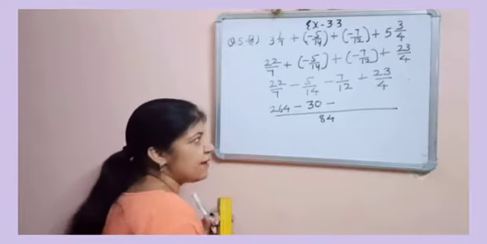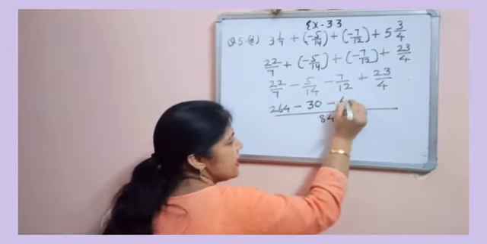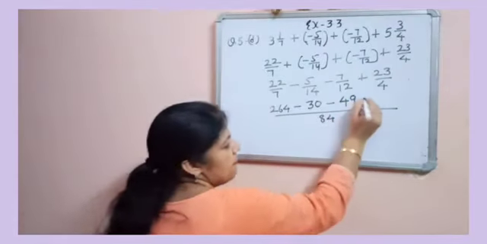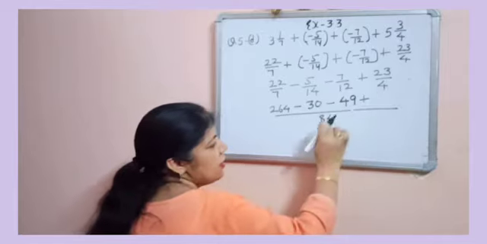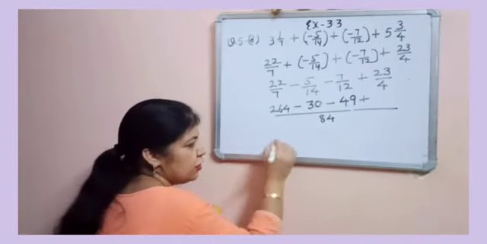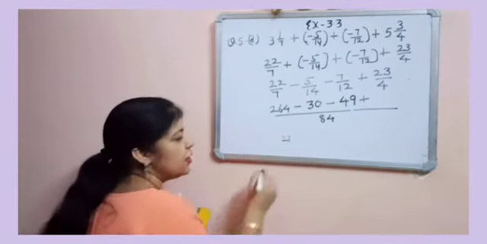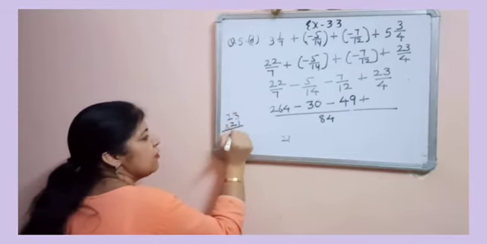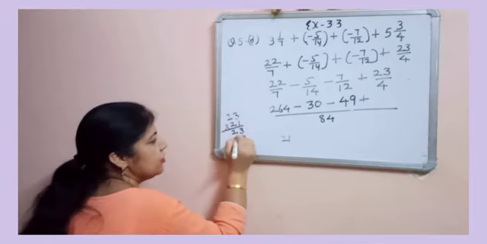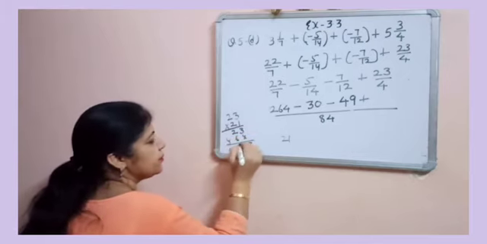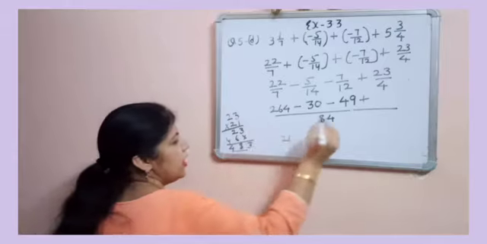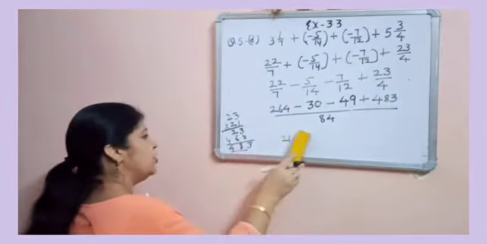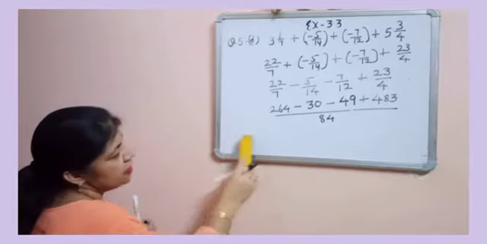You will get 7. And multiply 7 by 7. You will get 49. Plus divide 84 by 4. You will get 21. Multiply 23 by 21. Then what will you get? 483. You will get 483.